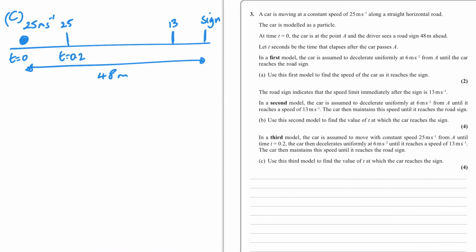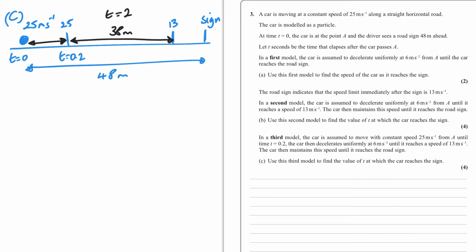So part C, the car moves for 0.2 seconds and then starts decelerating. So we're going to need to find this distance here. But we know what happens when it decelerates from 25 to 13. We know that that is over 38 meters, and we know that that takes us 2 seconds exactly.